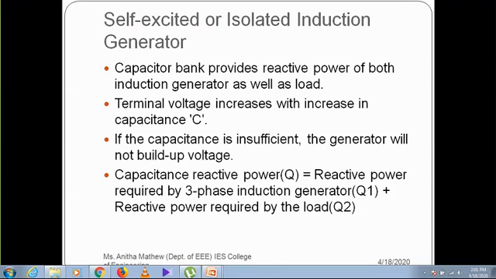One more question: what will be the frequency change of the output?